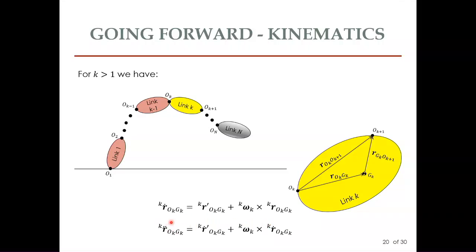So r_OkGk, so we have O1 somewhere here, Gk, this is r_O1Gk. This is what we are after. Yeah, so what I'm doing, I'm adding from O1 to Ok, and then Ok to Gk, the accelerations.